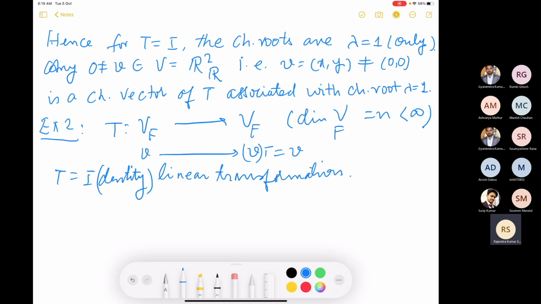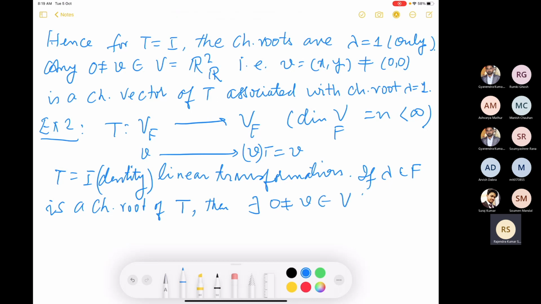And once again, in the same way, if lambda in F is a characteristic root of T, then there exists a non-zero vector V in V such that Vt is equal to lambda V, which will imply that lambda is equal to 1, as we have proceeded earlier.